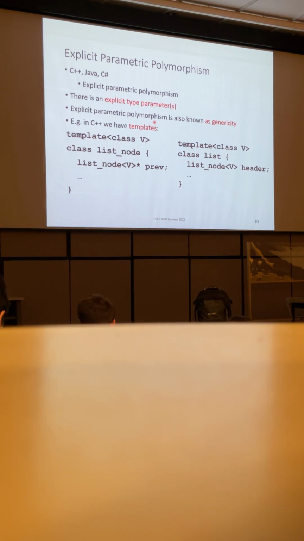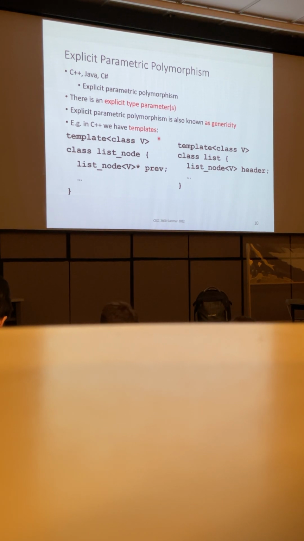All right. So this explicit parametric polymorphism is known as generics or genericity, and it is implemented in most modern programming languages. But it can be implemented slightly differently in different languages. So here's an example of C++ templates.